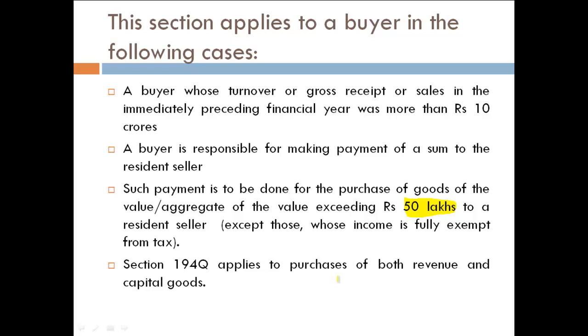Section 194Q applies to purchases of both revenue as well as capital goods. Now, a seller or supplier whose income is fully exempt from tax is not to be considered.